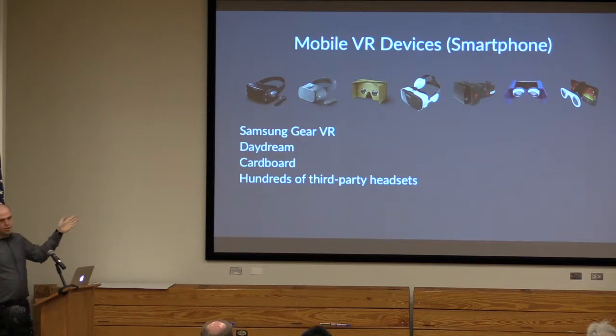Down the line to the cardboard device, and also the hundreds of third-party headsets you can find on Amazon with different levels of quality and fabrication, but always around the idea of housing your phone and making this experience comfortable on your face. Down to the Homido mini player, which is just a clip-on, just so you can walk around with it. Pretty easy little thing.